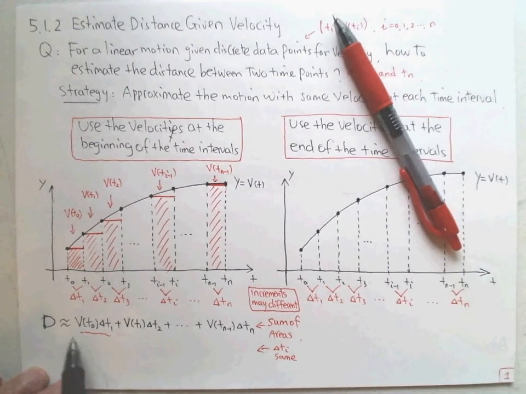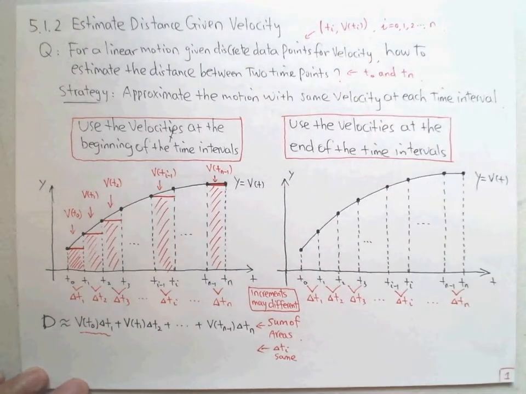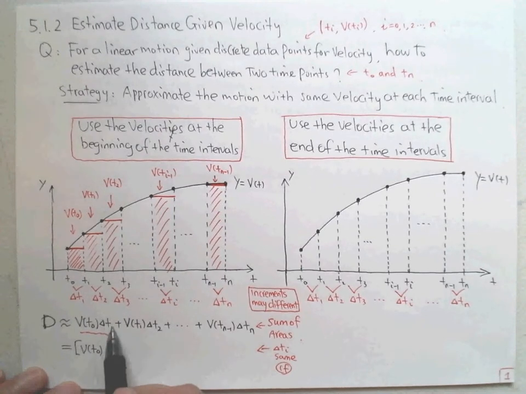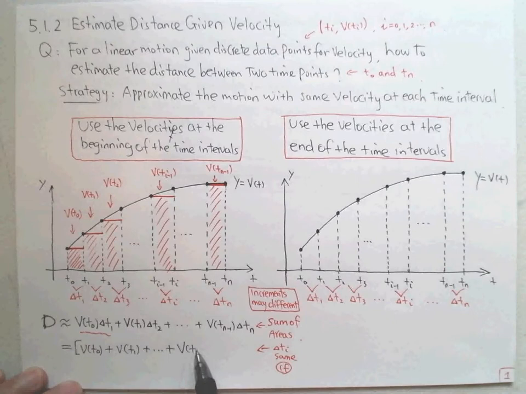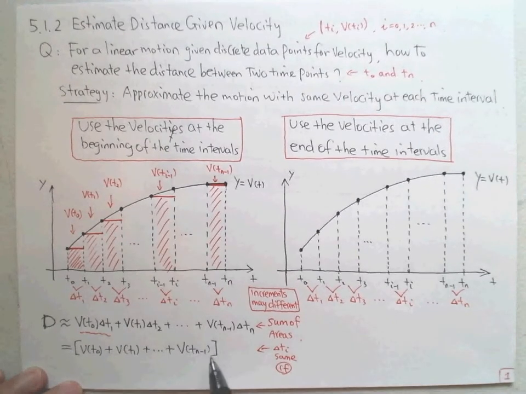If I put it here, in this way, the distance we can change. So the first is v at t_0, delta t factored out, and then plus v at t_1, plus all the way to v at the last, t_{n-1}, times the final delta t.